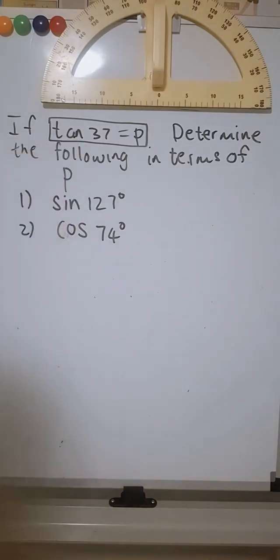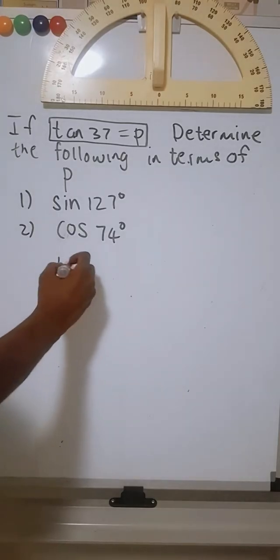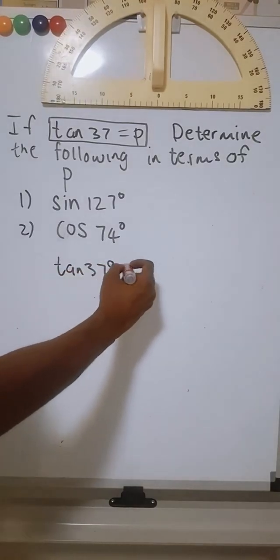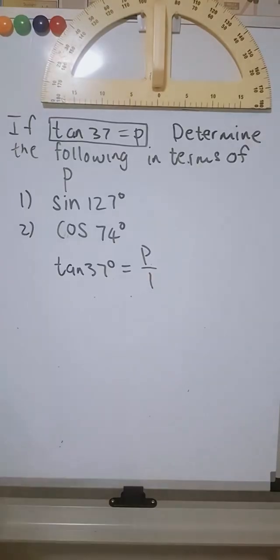If tan 37 is equal to P, determine the following in terms of P. Firstly, we write down tan 37 degrees, and then we write it as P over 1.